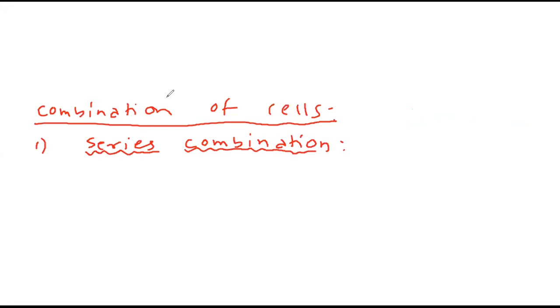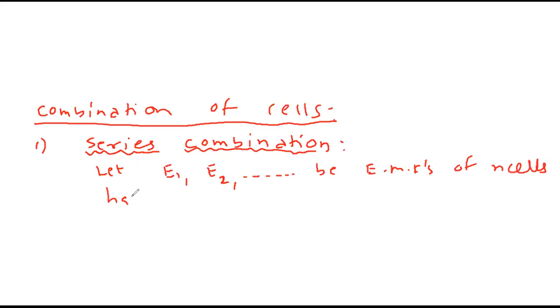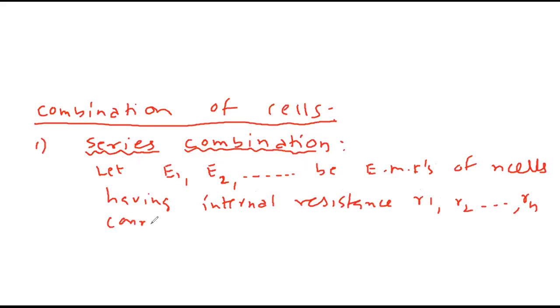Let E1, E2, up to En be the EMFs of n cells having internal resistances R1, R2 up to Rn connected in series as shown.